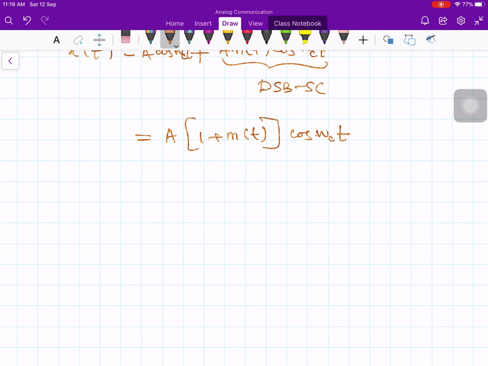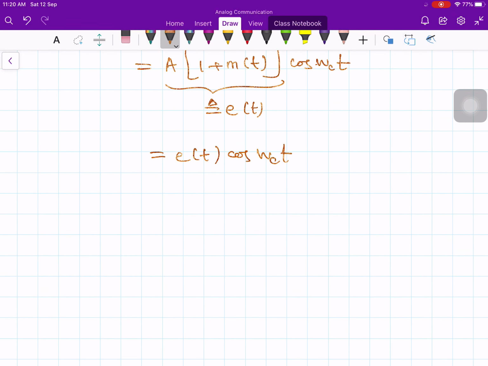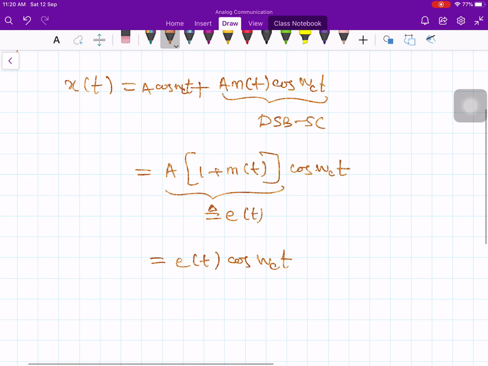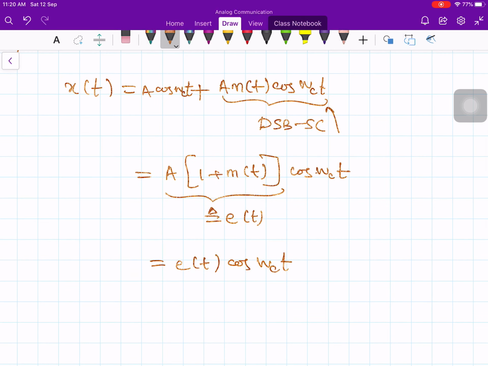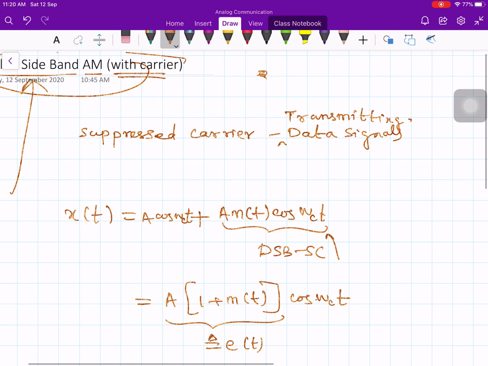This let me define as E of t, the envelope of the signal. Therefore, E of t times cos of omega ct. As you can see, the second term is precisely the same term that we had earlier in the case of DSBSC. But here we are also adding the carrier, which is A times cos omega ct.